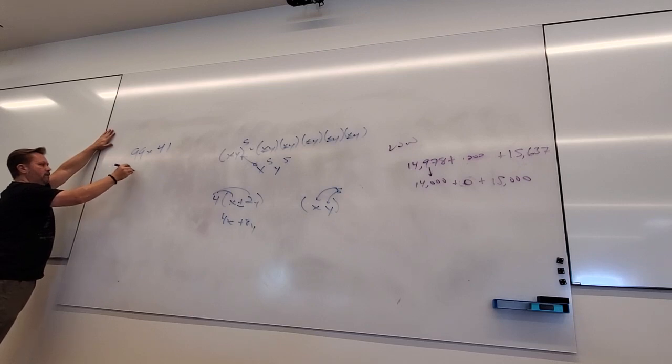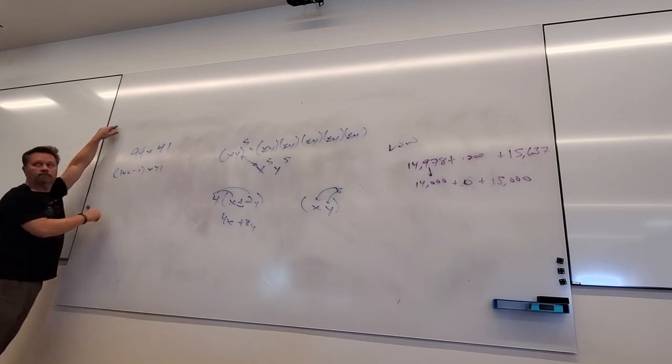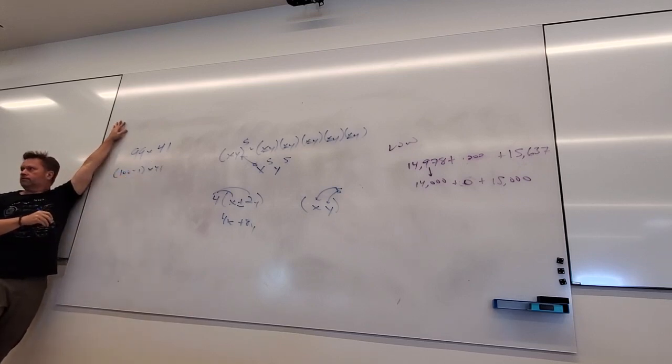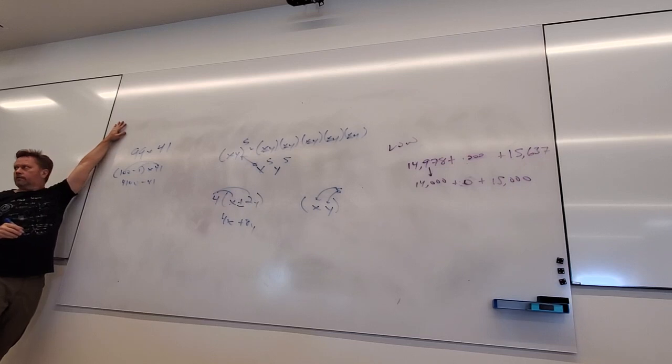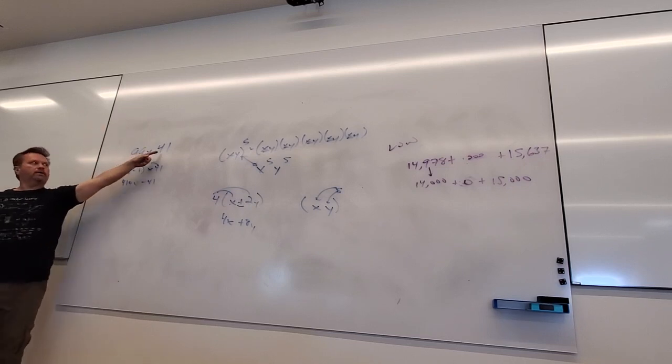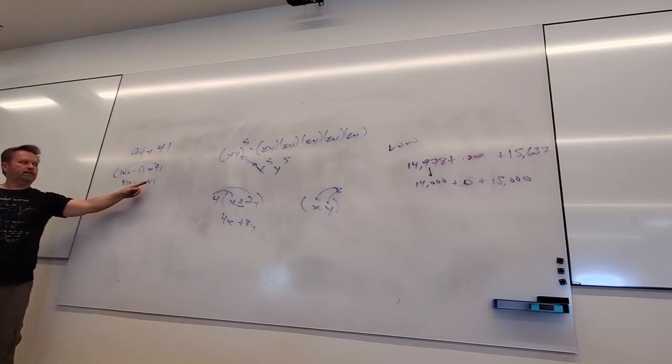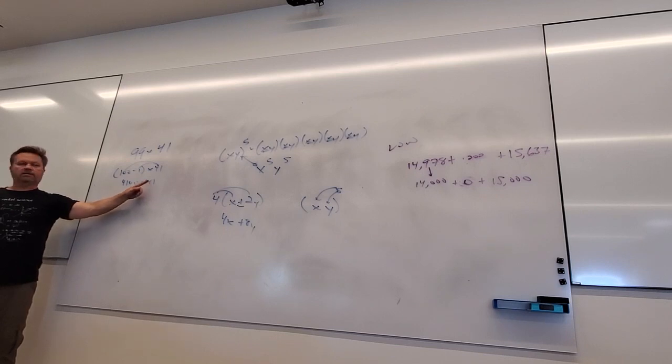99 is 100 minus 1. Is that cool? So that would be 4100 minus 41. Do you see how, I don't care what the number is here, aren't I always going to be subtracting it? And it's going to be subtracting from some hundreds, right? So you start to see why the shortcut.